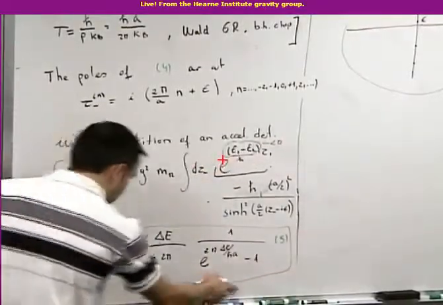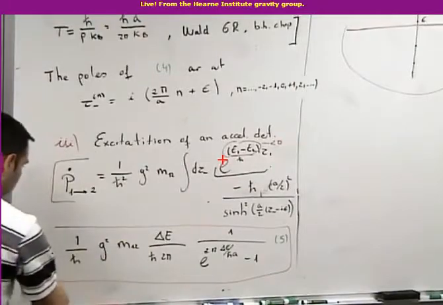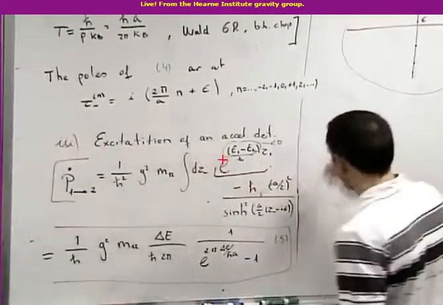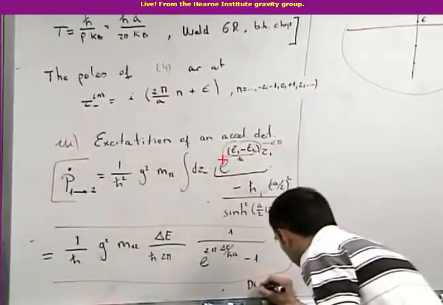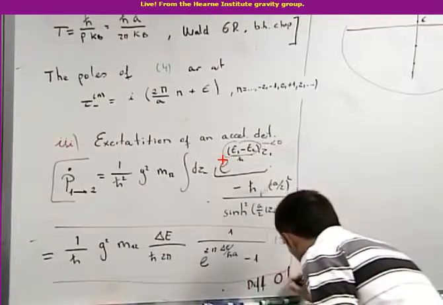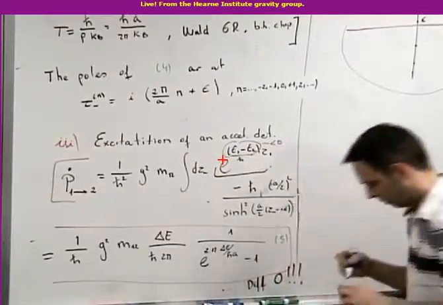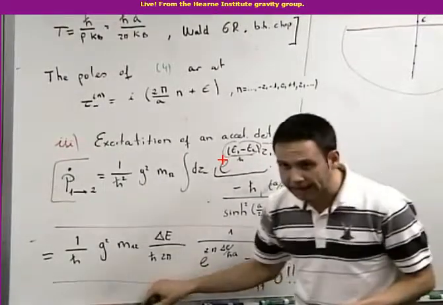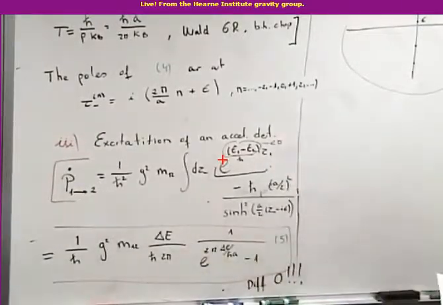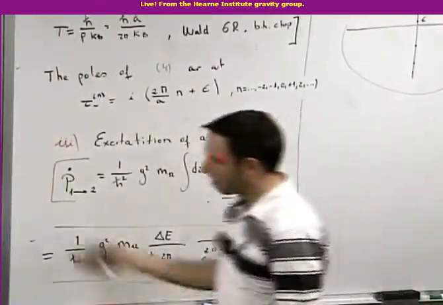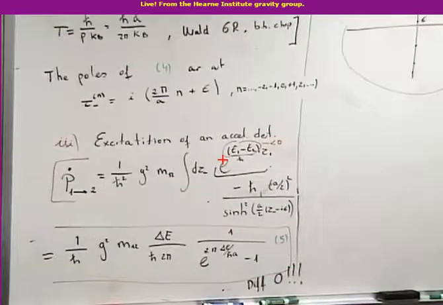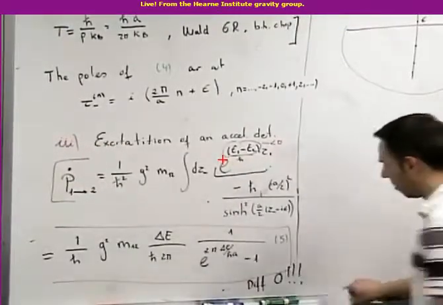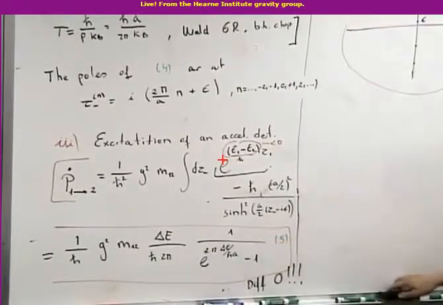The first thing that is quite remarkable is that it's different from 0. The detector will get excited. Remember, same detector as before, Minkowski vacuum, no particles. The detector will get excited, and this is the probability rate.